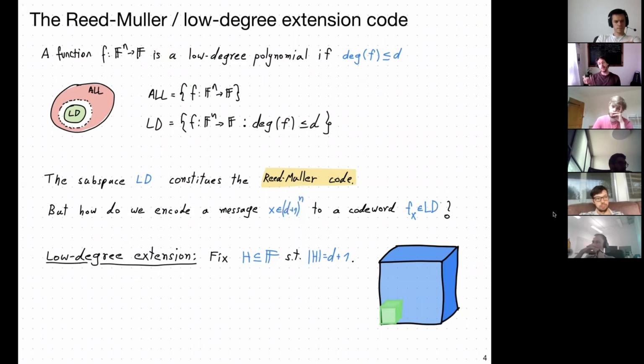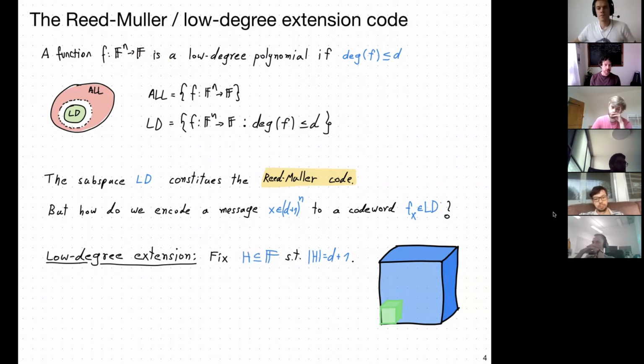This will define a single polynomial of degree at most d, and we'll evaluate this polynomial over the entire field F. So the green cube is H to the n, it's just the value of the message, and when we look at F to the n, that would be the extension.